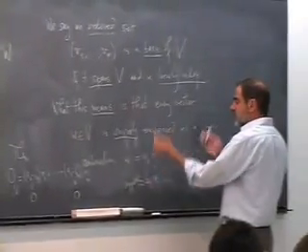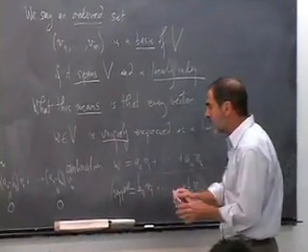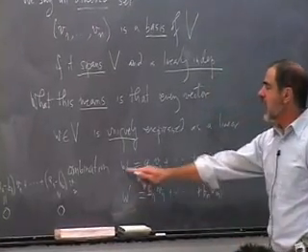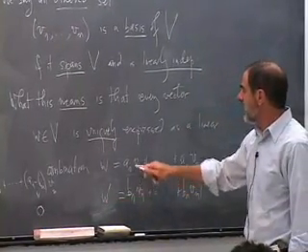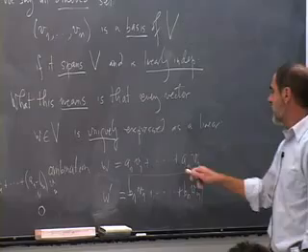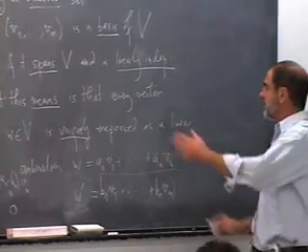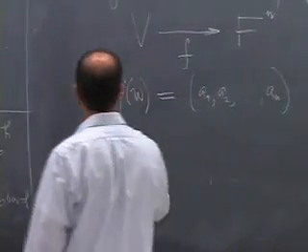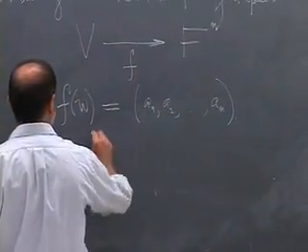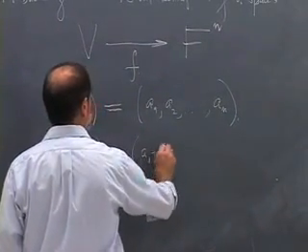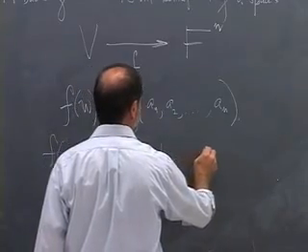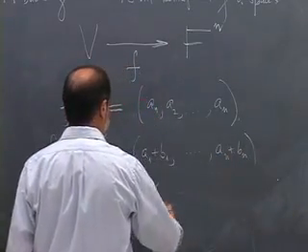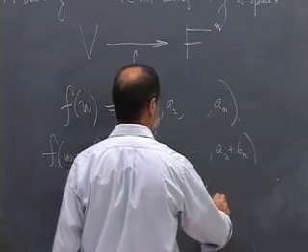v1, v2, v3, so you're adding a1 to b1. Suppose we had another vector. Now we're going to call this vector w prime. If we add w to w prime in V, we get (a1 plus b1) v1, (an plus bn) vn. And so when we apply f to w plus w prime, we get a1 plus b1, if you just take the definition of f that I've given here, an plus bn, which is exactly f of w plus f of w prime, right?